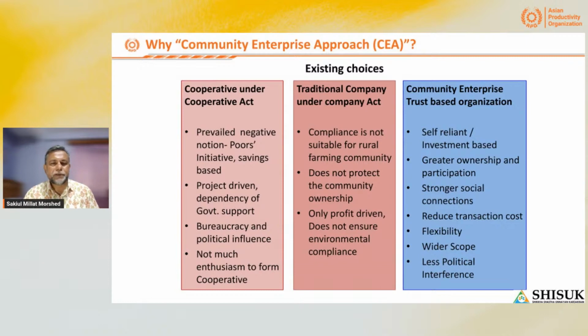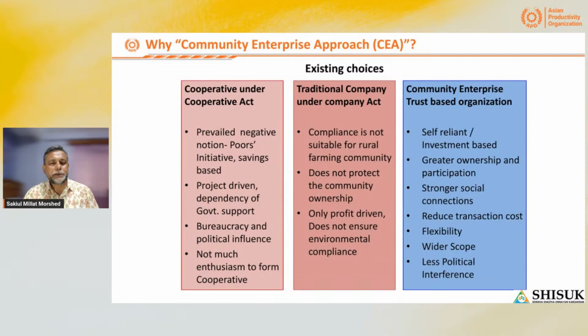First of all, if we follow the cooperative model, the perceived notion is that a cooperative is a poor people's initiative, and it's savings-based. Usually the members are poor people who collect savings, and based on that savings they take an initiative. And most of these cooperatives are project driven and dependent on government support, donor support, or other external support.